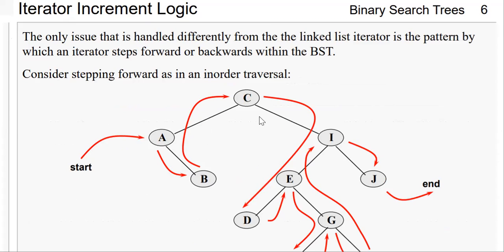So the pattern implemented in the linked list iterator, based on that iterator, the next-of function will be used for the iterator to step forward or backward within the binary search tree. Based on that, pre-order traversal can be made on root, left and right.